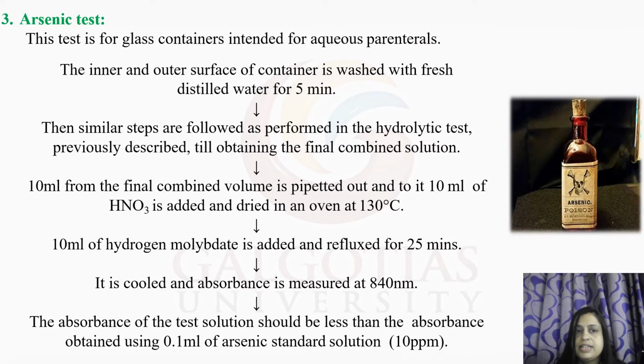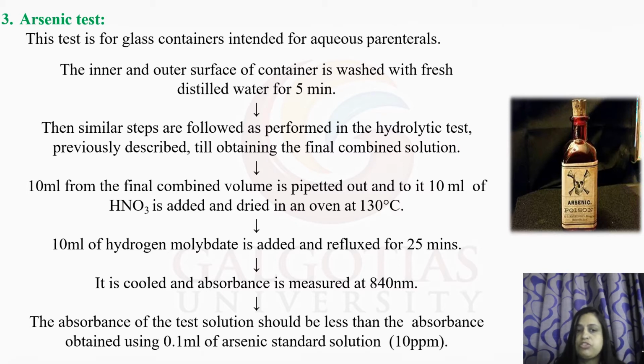Then the arsenic test. This test is for glass containers intended for aqueous parenterals. The inner and outer surface of the container is washed with fresh distilled water for 5 minutes. Then similar steps are followed as performed in the hydrolytic test previously described, until obtaining the final combined solution. After that, 10 ml from the final combined volume is pipetted out and 10 ml of HNO3 is added and dried in an oven at 130 degrees centigrade.